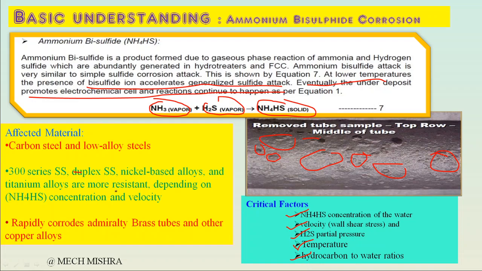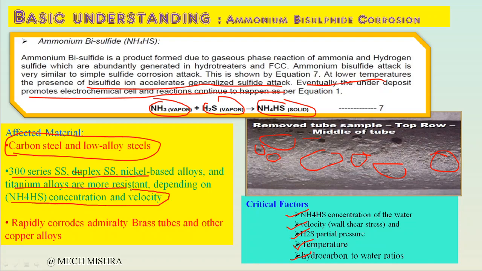Now coming to the secondary variables: temperature and the hydrocarbon to water ratio, which are also critical factors that affect the corrosion rate. So where do H2S and ammonia come from in the system?